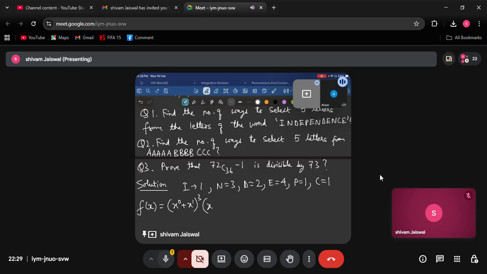So either you will select 0 N's or 1 N or 2 N's or 3 N's. Next for D, either you will select 0 D or 1 D or 2 D. Next for E, either you will select 0 E or 1 E or 2 E or 3 E or 4 E.